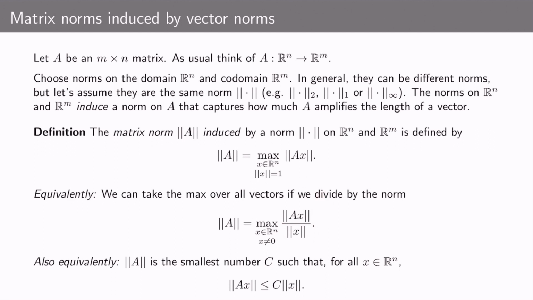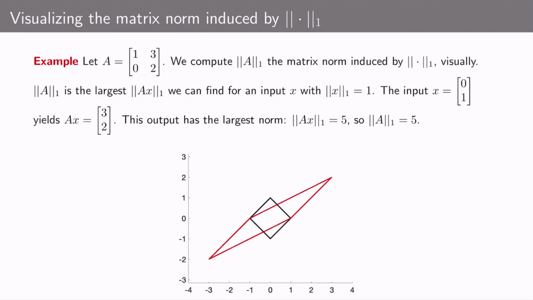Finally, a third definition, which is almost exactly the same as the second, is to look for the smallest c so that the size of the norm of Ax is bounded by c times norm x. A way to see that this is essentially equivalent to the second is divide both sides of this by norm x, and you'll see that essentially finding the maximum of norm Ax over norm x is the same thing as finding the minimum value that bounds it above. I think you'll agree we really need some examples. Let's start with this matrix A, which is a mapping from R2 to R2.